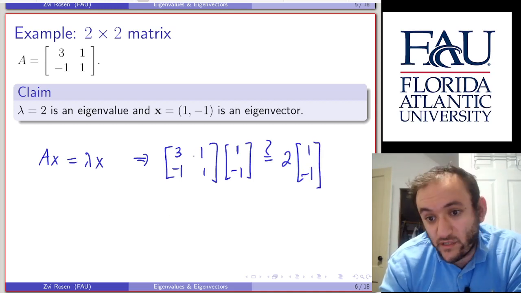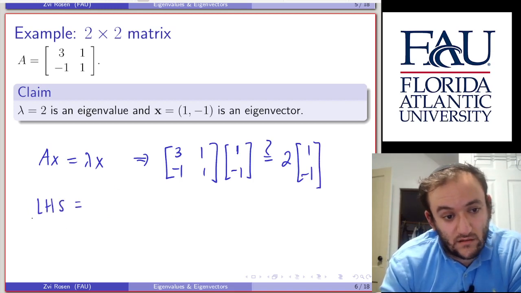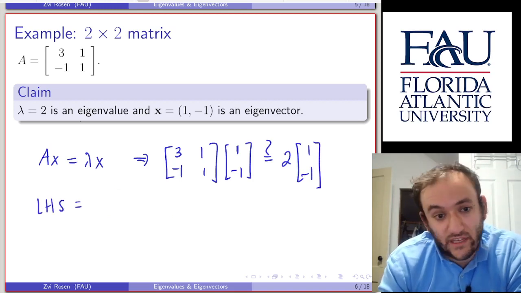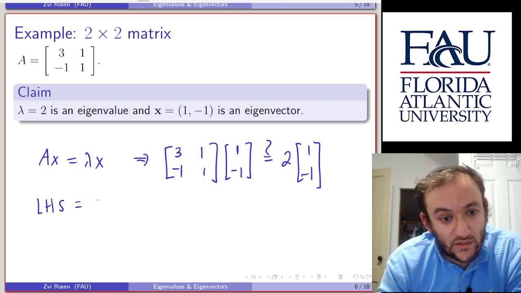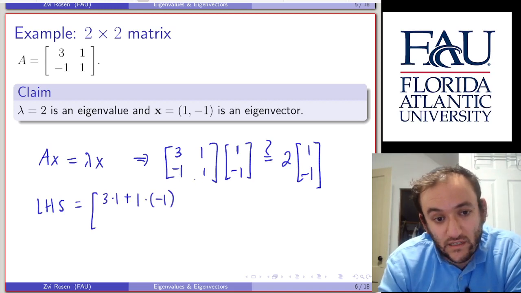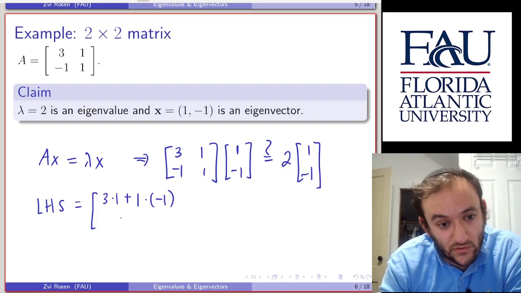Okay, well, let's do the matrix multiplication on the left-hand side. LHS stands for left-hand side. So 3 times 1 plus 1 times minus 1 equals 2. And minus 1 times 1 plus 1 times minus 1 is equal to minus 2.